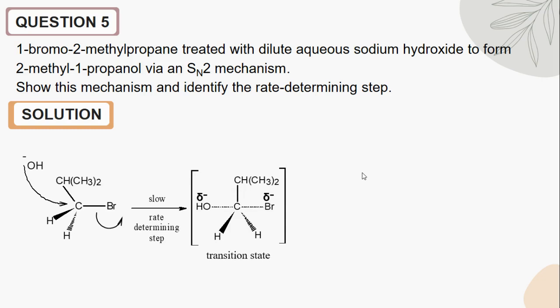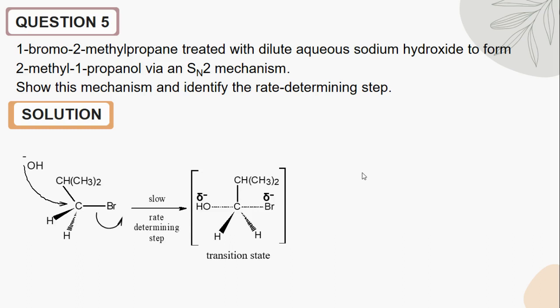Next, you will form your intermediate first, which is a transition state. You need to draw the bond between carbon and OH starting to form, while the bond between carbon and Br is starting to break. Both O and Br will have a partial negative charge. So this is the transition state. Also remember to put a big bracket outside of the transition state.